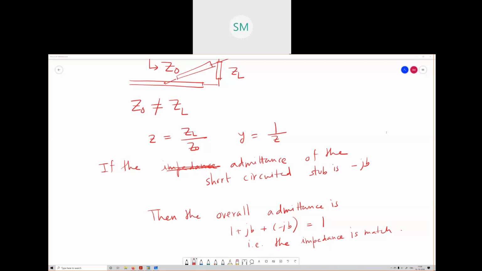So this was basically the concept of single stub batching.